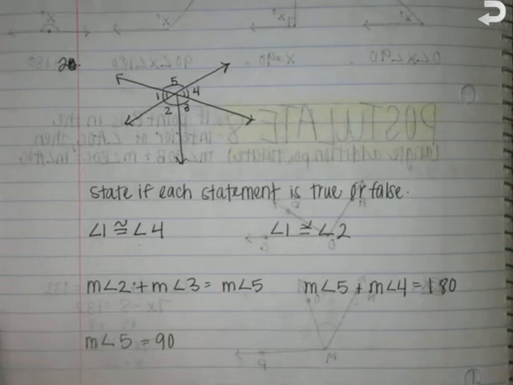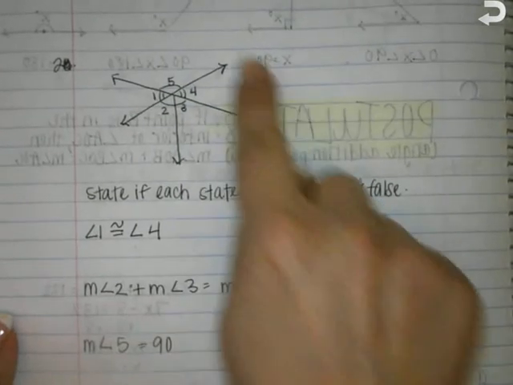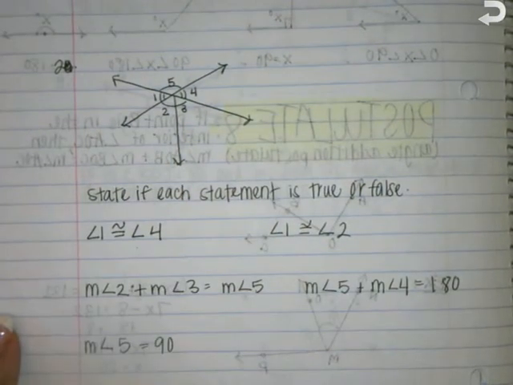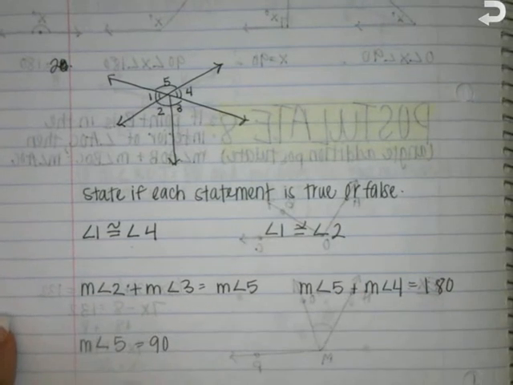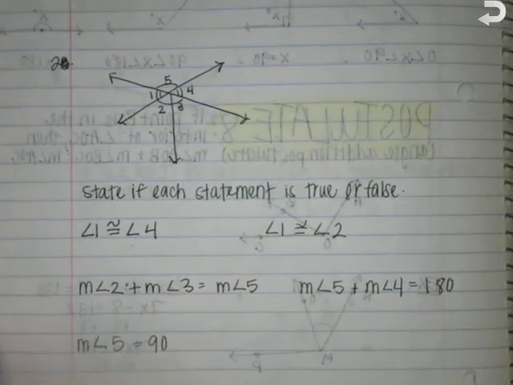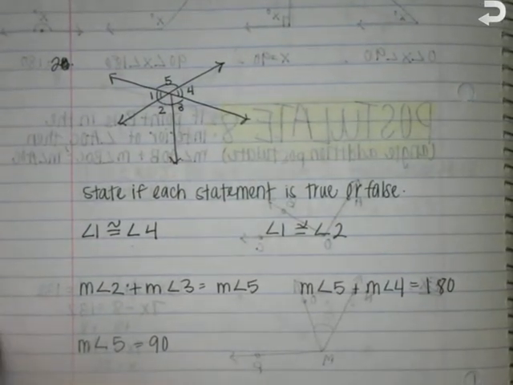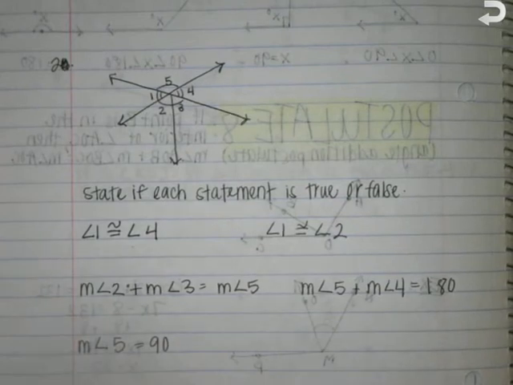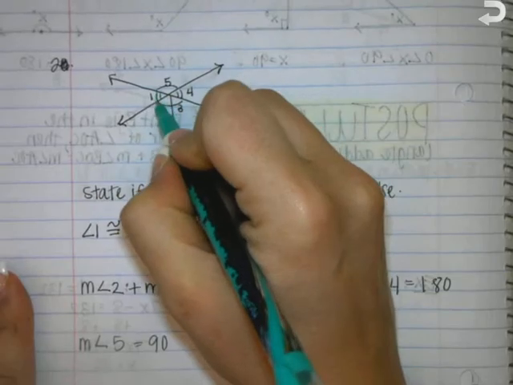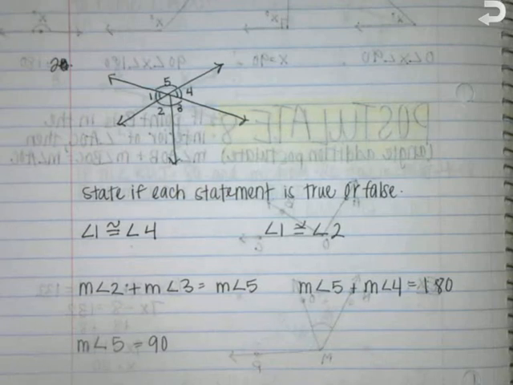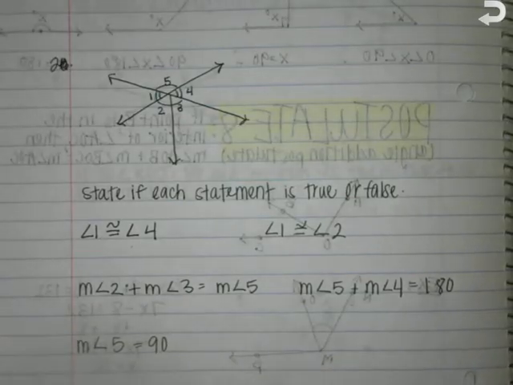And then number 2, I give you this figure. And then I give you 5 statements, and I want you to just tell me if those statements are true or false. Now, I want to explain one thing about the picture, and then I'll put number 1 back up so you can finish writing, okay? On the picture, it is showing that angle 1 and angle 4 are what? Congruent. Now, here's what I want you to be aware of.